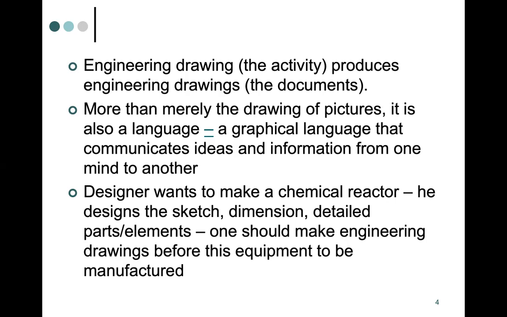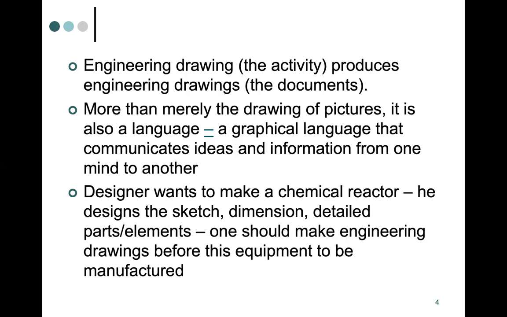But the one who makes the chemical reactor is not a chemical engineer. The one who makes it would be a mechanical engineer. So what we have to do is sketch, design, and detail all the elements with a similar standard, and then give it to the mechanical engineers, and the mechanical engineers will give it to what we call a drafter.